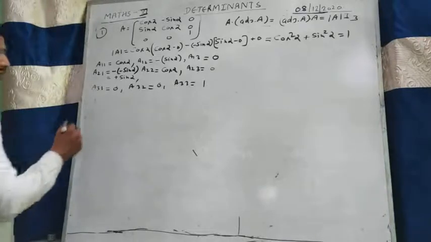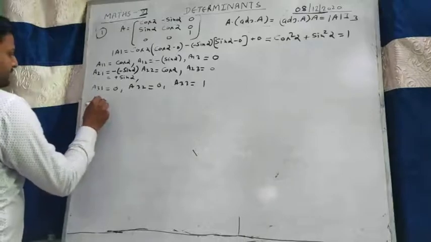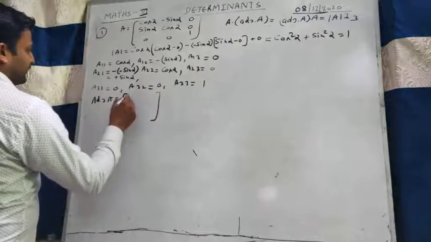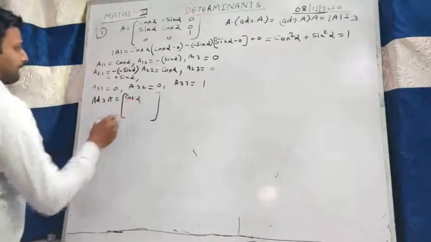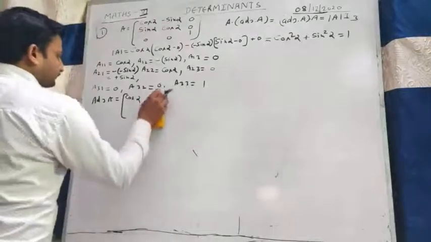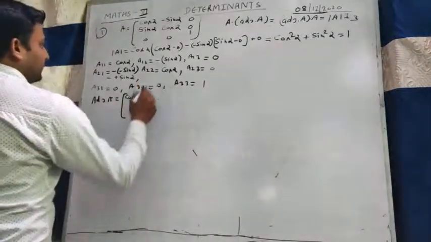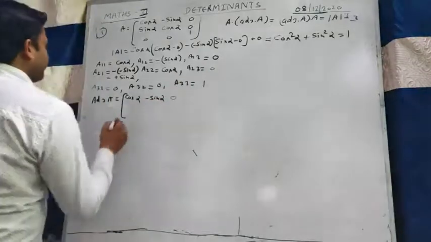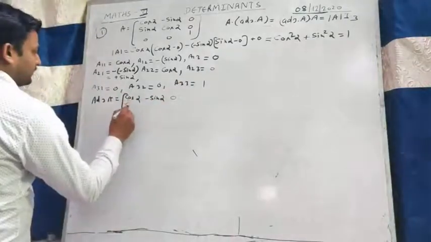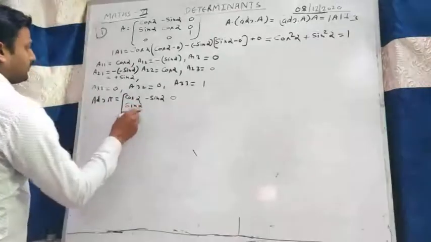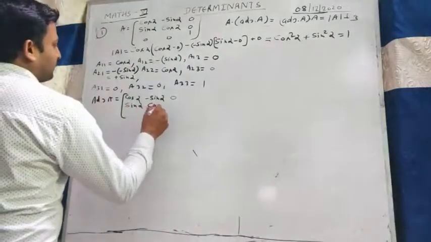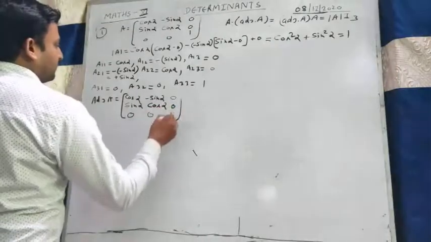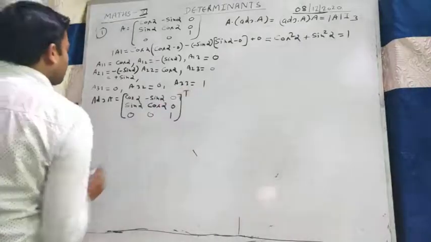So student, our adjoint of A will be what? Cos alpha, minus sin alpha, 0; sin alpha, cos alpha, 0; 0, 0, 1, and its transpose.